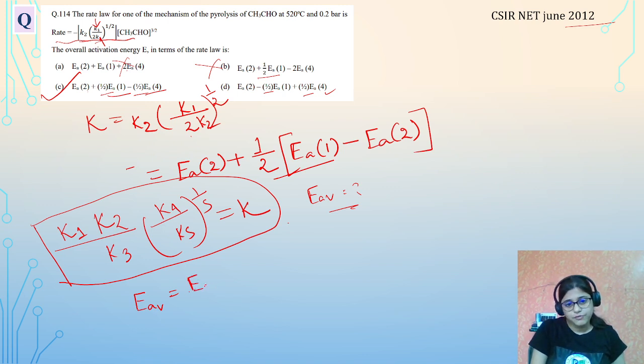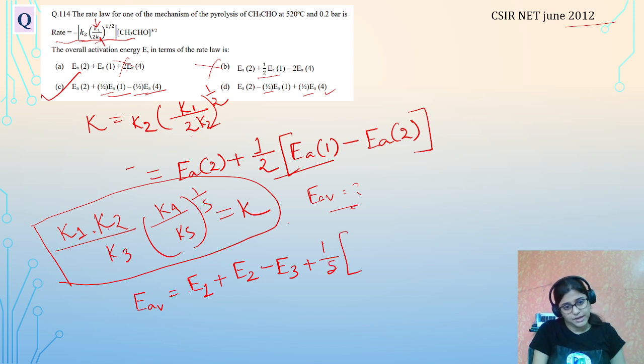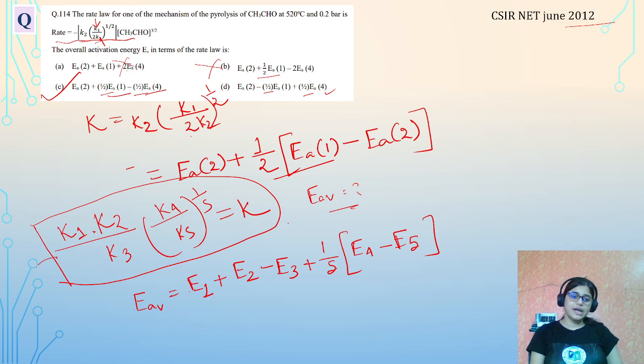So E1 plus, because multiplication is there, E2, so it is divided, minus E3, and for these two, 1/5 is multiplied. So we will write plus 1/5 into, plus, because K4 is multiplied with this, E4 minus, because it is divided, E5. Fine. For this kind of equation, it will be the E average.